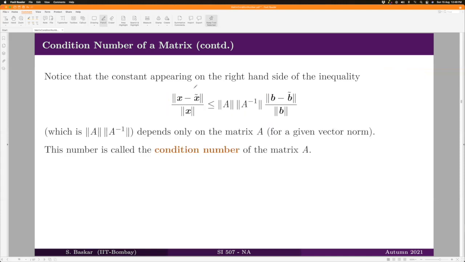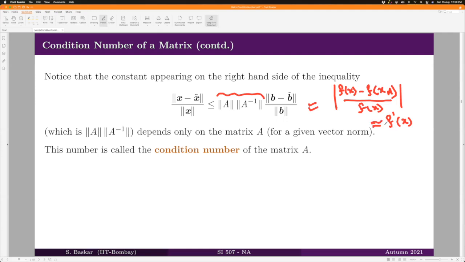Okay, so from this expression, you can clearly see the importance of this constant. Okay, in fact, you can go back to the context of functions that we discussed in the previous chapter. There also we had this, right? f of x minus f of x a divided by f of x is actually f dash of xi will come from the mean value theorem, but that we will just replace by x, just an approximation.